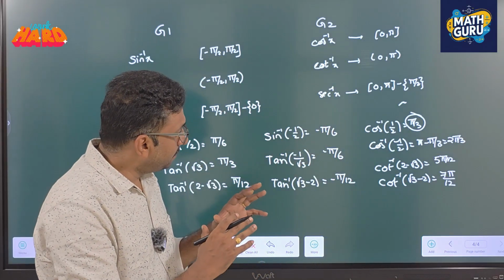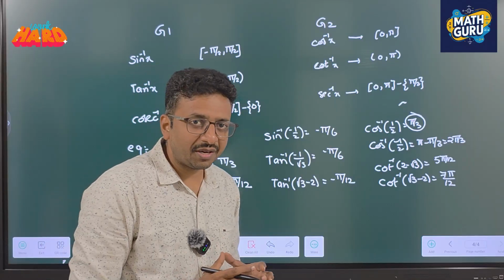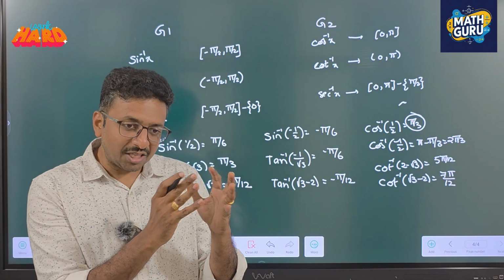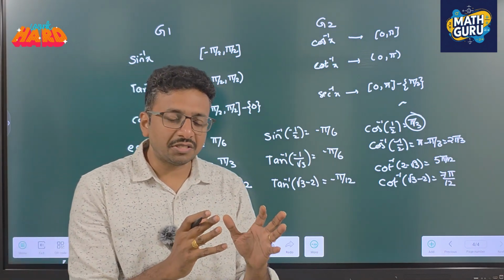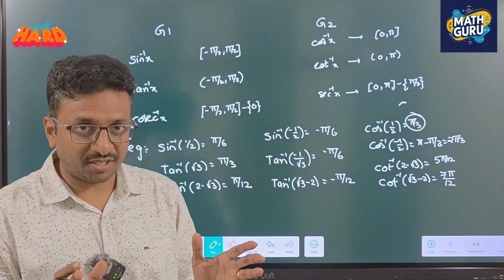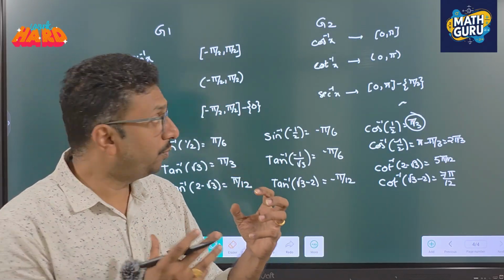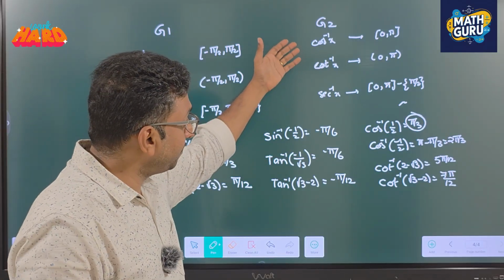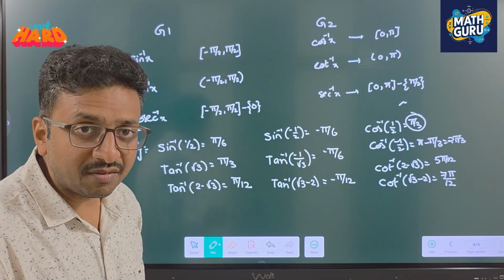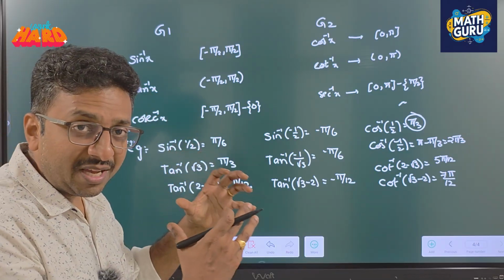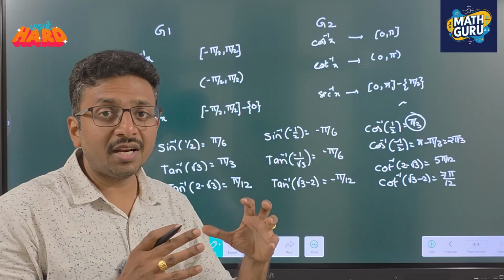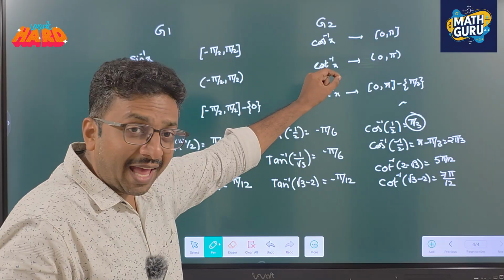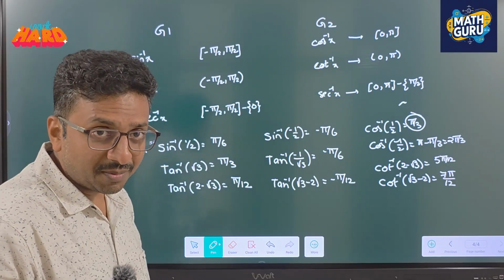Okay, so the basic understanding of inverse trigonometric functions is that, based on the nature of the range, inverse trigonometric functions are divided into two parts, group 1 and group 2. In group 1, you have sine inverse, tan inverse and cosecant inverse. In group 2, you have cos inverse, cot inverse and secant inverse. Group 1 ranges are related to minus pi by 2 to pi by 2. Group 2 ranges are related to 0 to pi. There is a minor difference in the exact ranges, but they are related to those numbers.